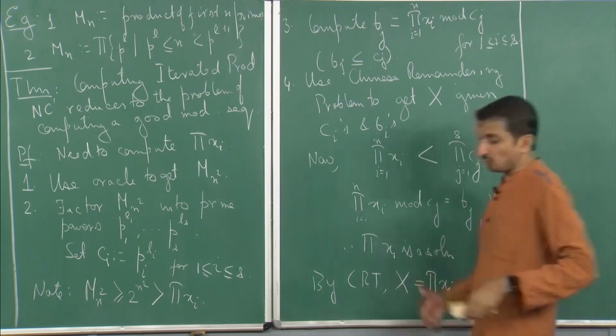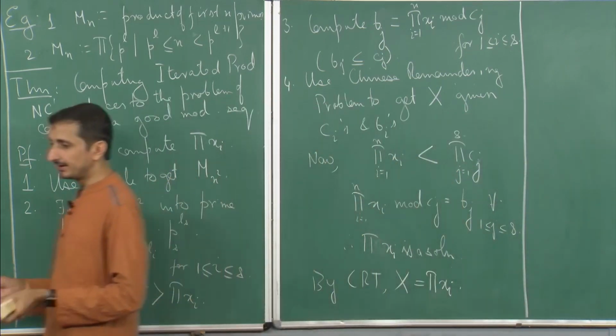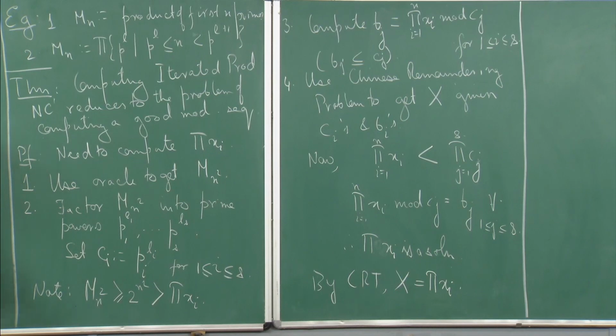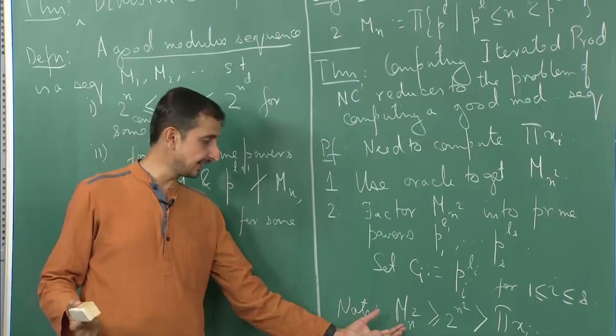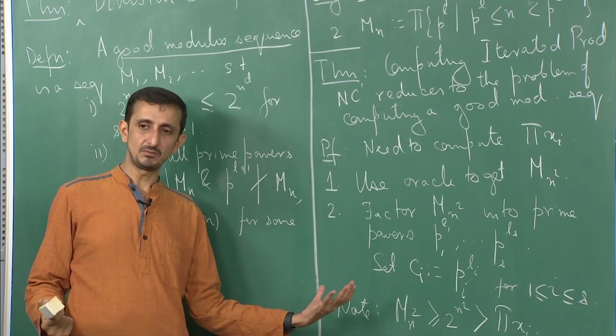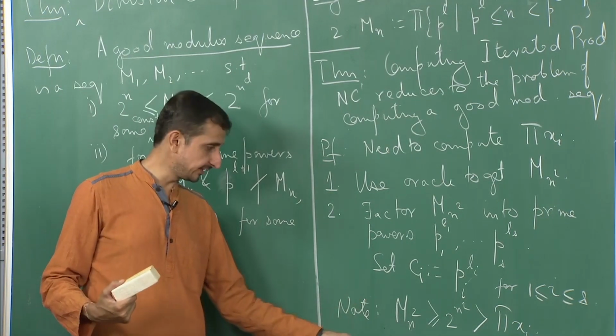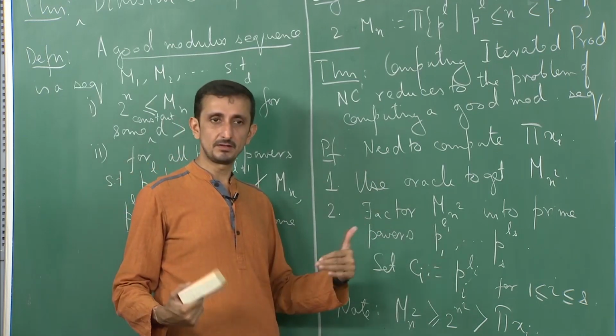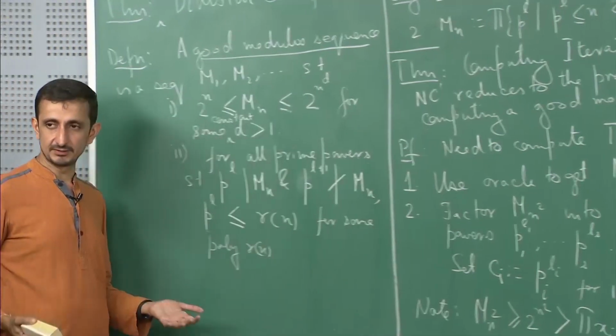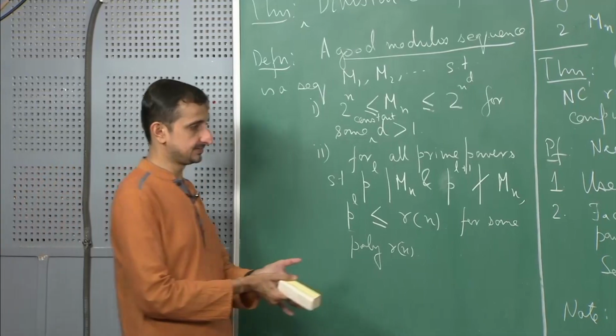Clear? So, what was the idea here? The idea here basically was twofold, actually three things. One is that I am computing a number which is bigger than the product, and it has the property that every prime power that divides mn square is small, which allows us to factor it efficiently. That is the second thing.